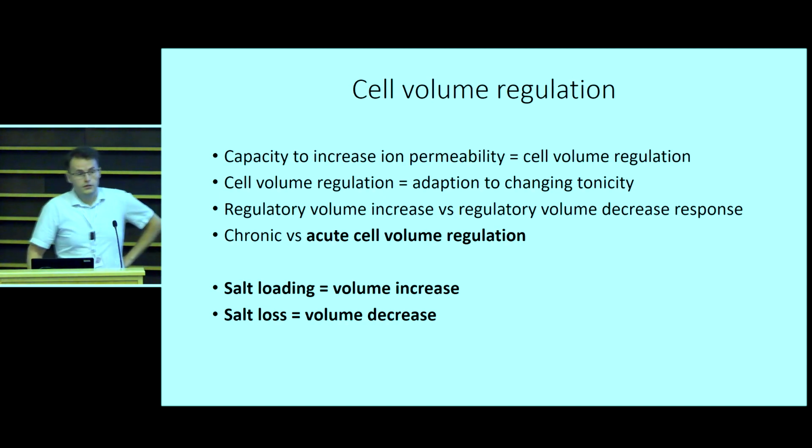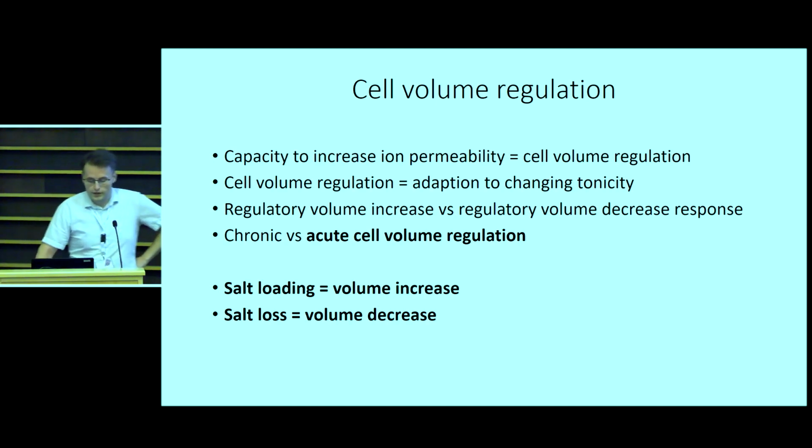Why would cells want to do that? For example, when one changes the tonicity of the suspension medium, cells may want to adapt to changing conditions by modulating their volume to reduce stress from cell dehydration or cell swelling.